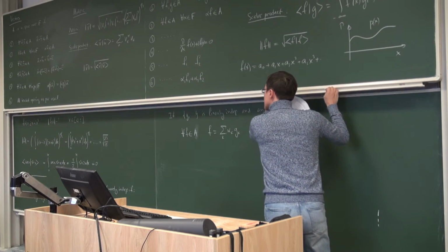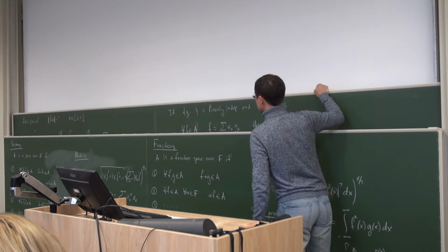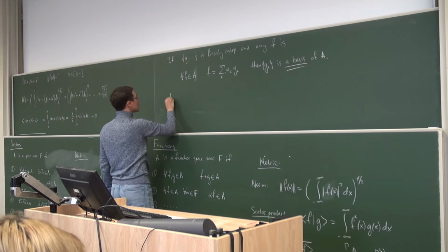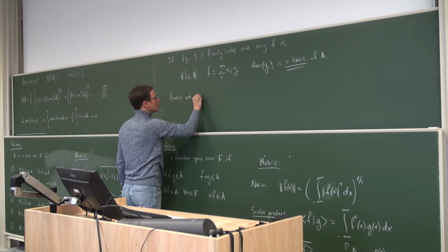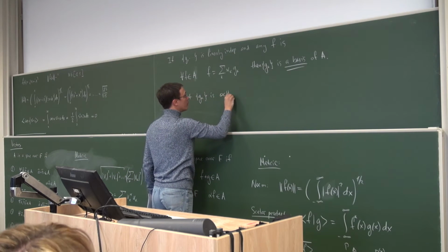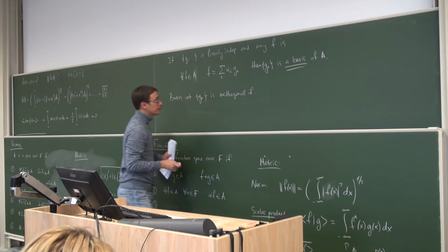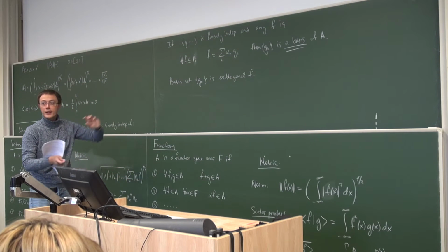So our next step is to introduce orthonormal basis sets for functions. A basis set Gk is orthogonal if exactly the same thing applies that applied to vector spaces.